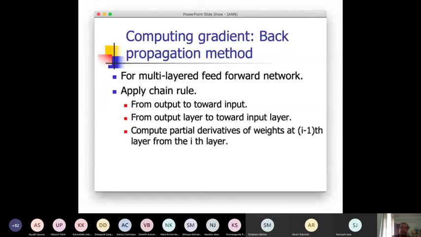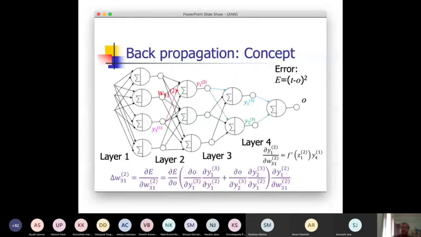So from the output layer towards the input layer, we compute partial derivatives of weights at the (i-1)th layer from the ith layer, and then propagate it further. This is one particular concept we need to understand if we are going to understand the backpropagation algorithm. That is the essence of understanding the training of an artificial neural network, mostly this algorithm, because it is so popular and so widely used.